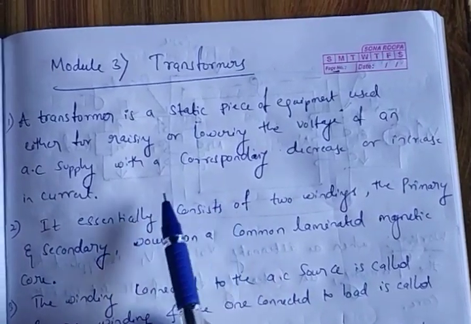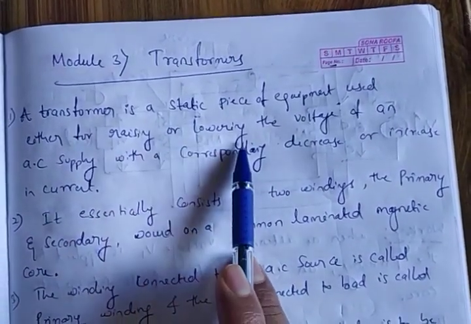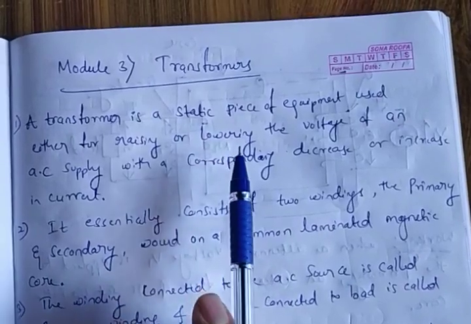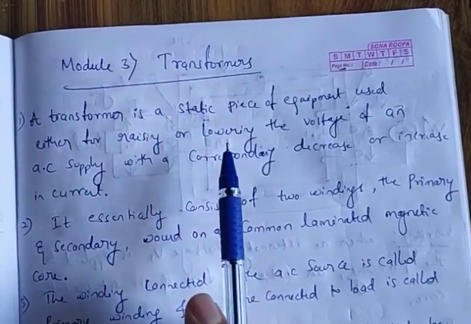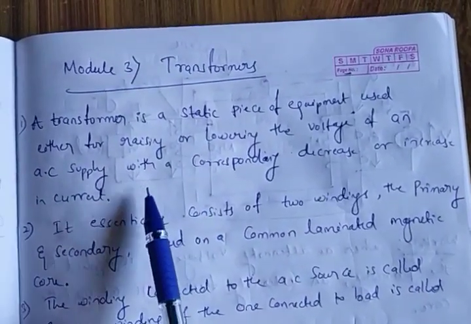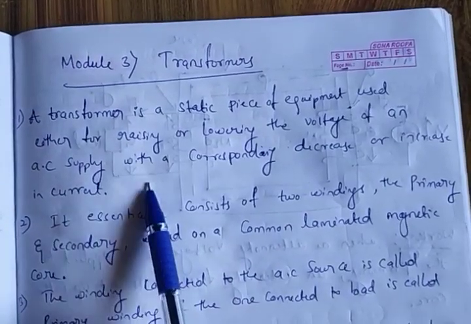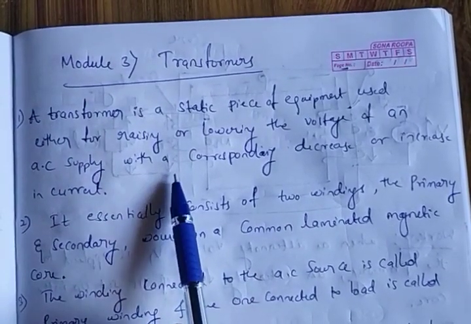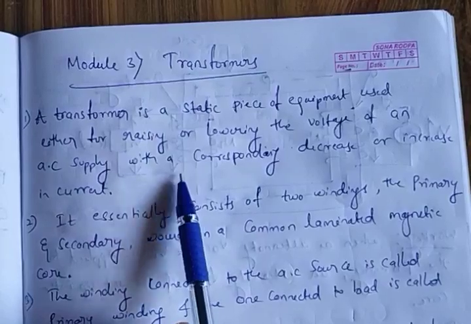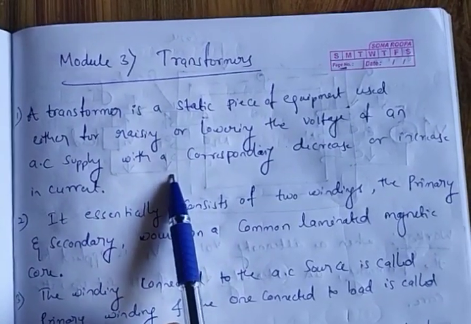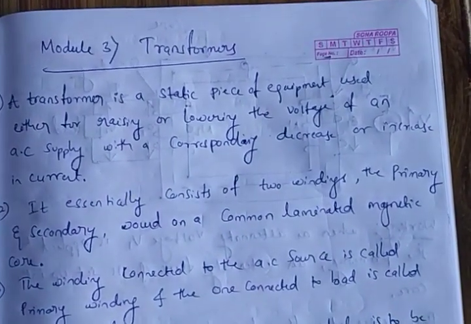Remember students, we can increase or decrease the voltage as per the requirement without change in its frequency. It means that the frequency of input power is the same as the frequency of the output power in transformers. And now let us see the block diagram of the transformer.